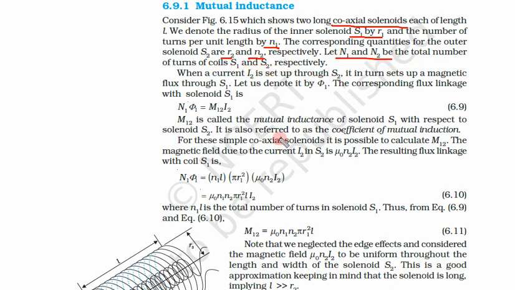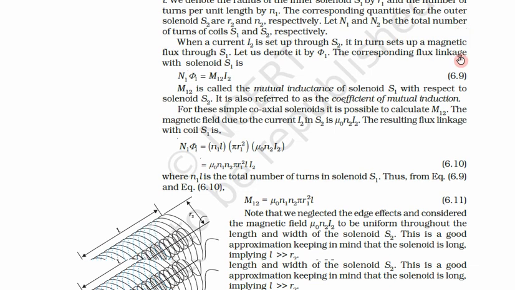In the outer coil there are N2 turns, in the inner coil N1 turns, and the number of turns per unit length follows because both are of the same length.